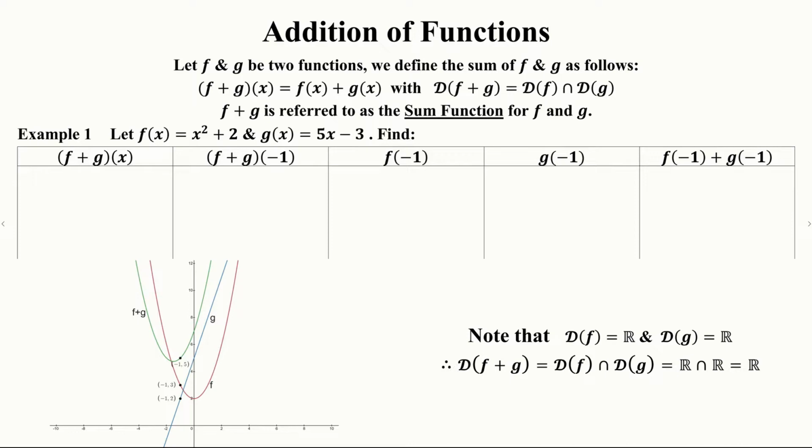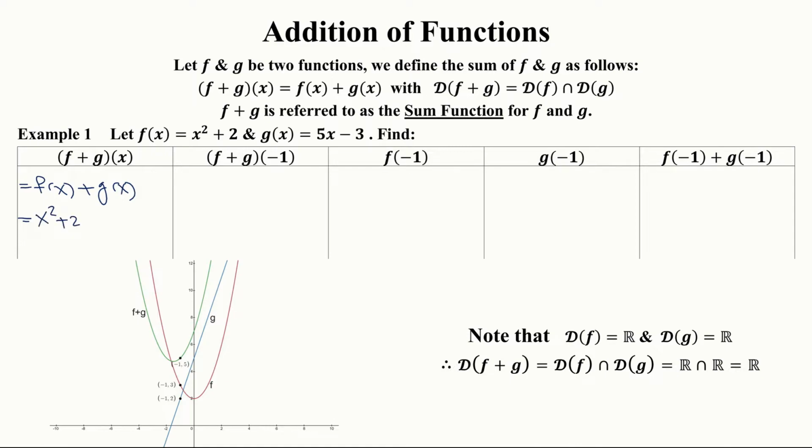x squared plus 2. It's just going to be, remember, f of x. Let's go ahead and start with that. So this is going to be f of x plus g of x. So now we substitute for f of x, x squared plus 2.